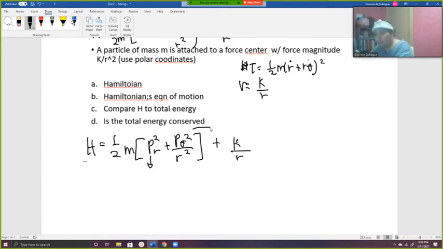So we need to substitute this into the equation P sub R equals M R dot, and P sub theta, which is M R squared theta dot.